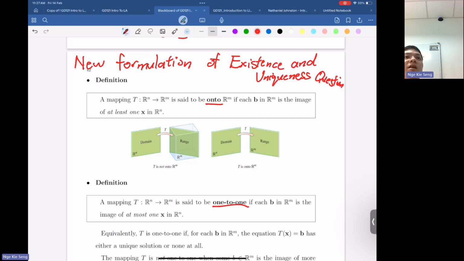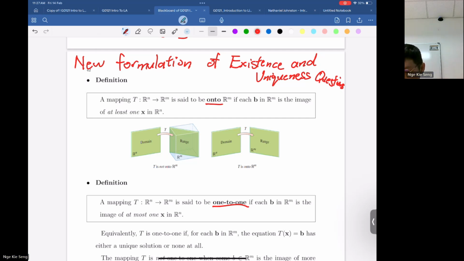You asked whether a linear system has a solution or not. If you have a solution, it is consistent. If it's consistent, is it unique? Let's see how this new formulation works.